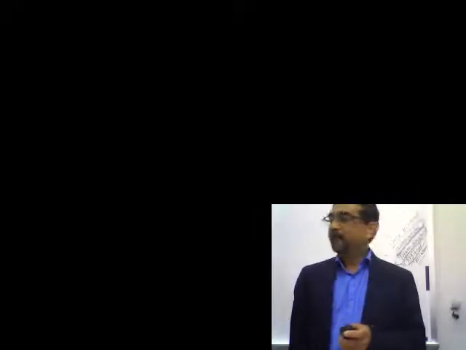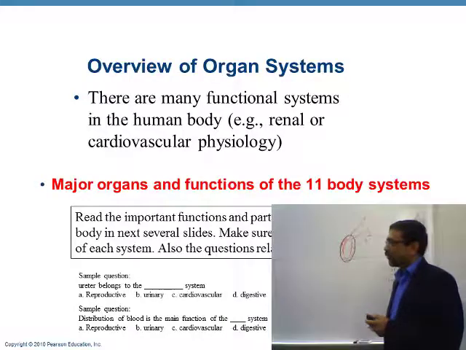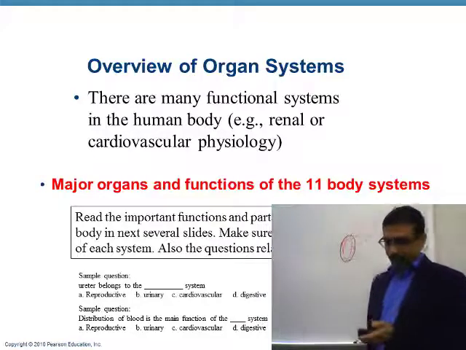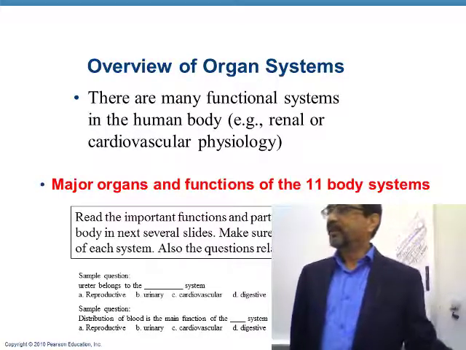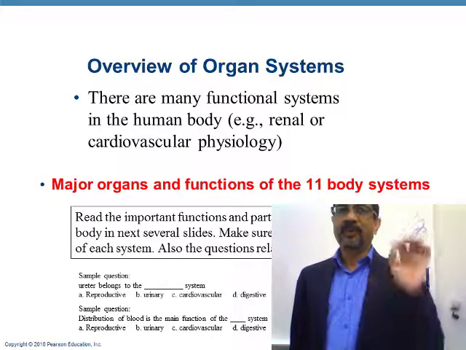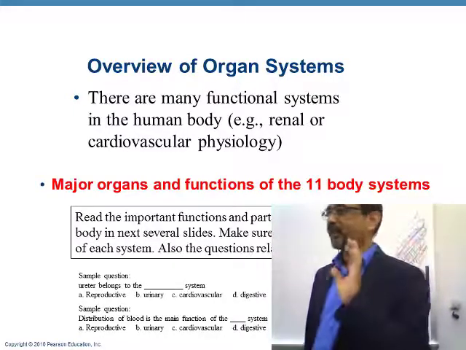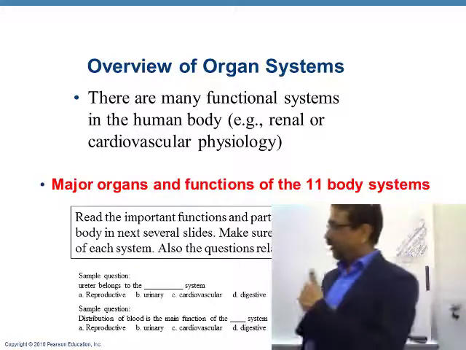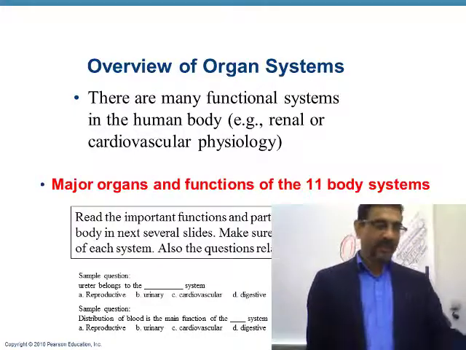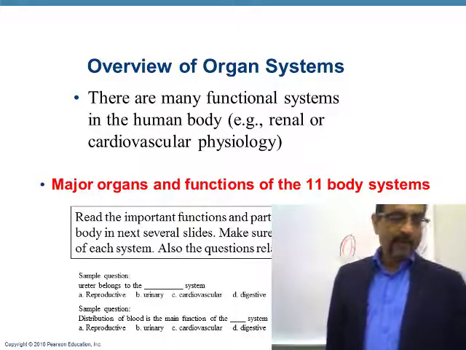Now what we will do, we will go over those 11 systems that form the human body. So I will mention two things, important parts of each organ and important functions, just few important functions, not too many, because you will learn these systems in detail eventually.